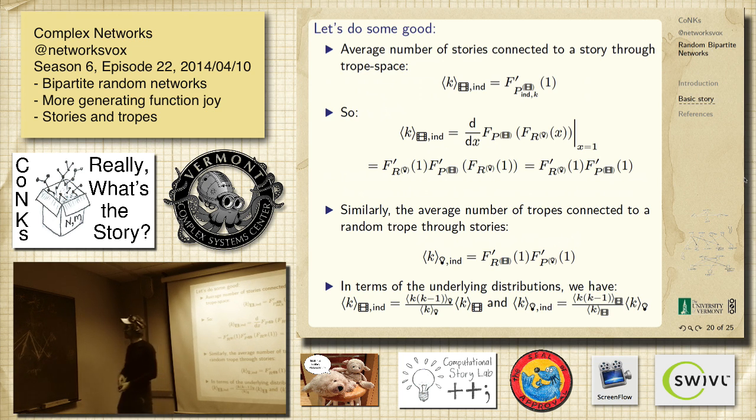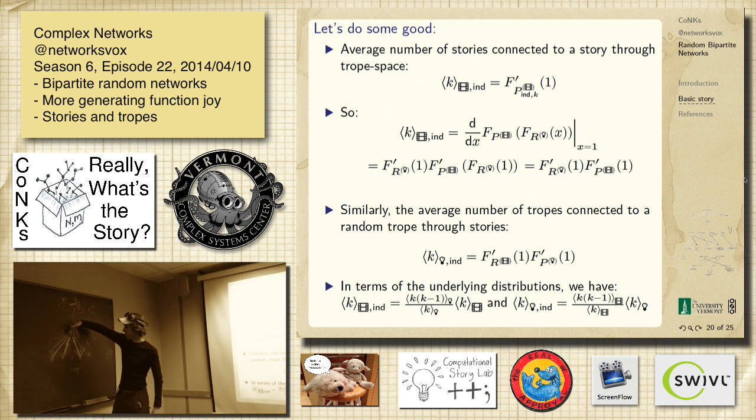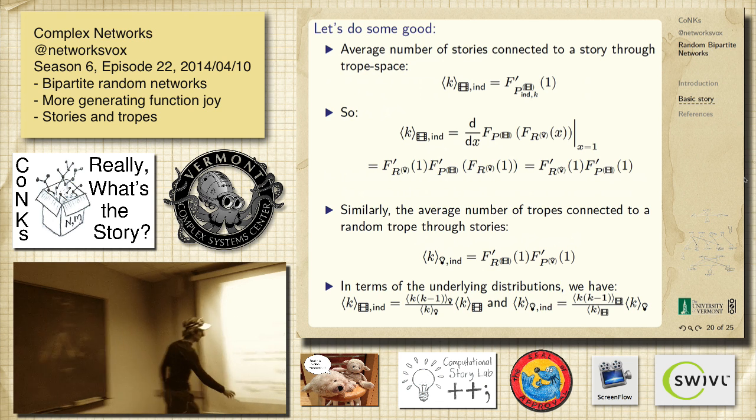So that should make sense, right? So this guy has some average number of tropes. If you take an average guy here, so I'll put this in as intuition. Take an average member here. They have some average number of tropes. Each trope gets a gain in stories, which is this factor here.